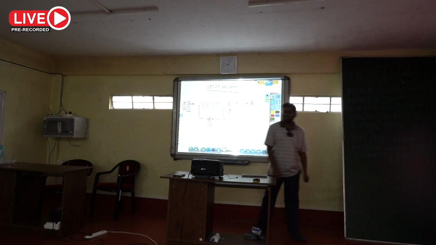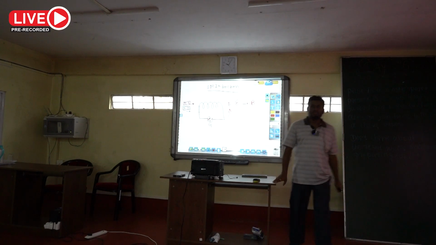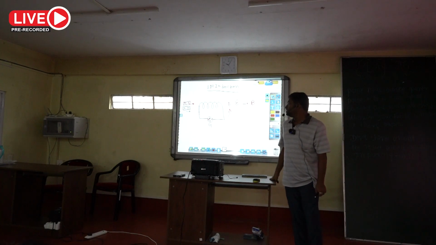So write down the second point. Faraday noticed that if the area of each turn of the coil is changing, there is again an induced current in the coil. Means without relative motion between the bar magnet and coil, you can change the area. Still, current is induced.